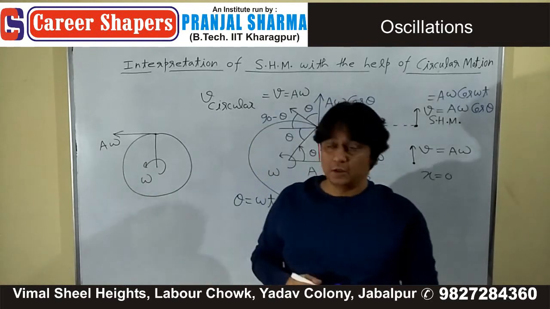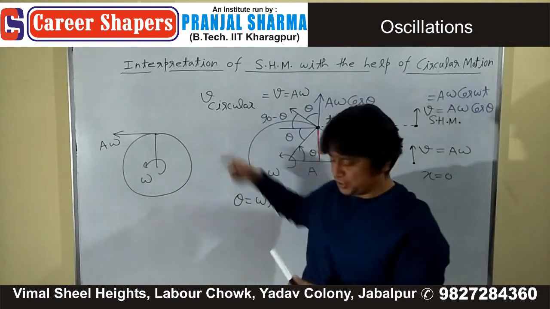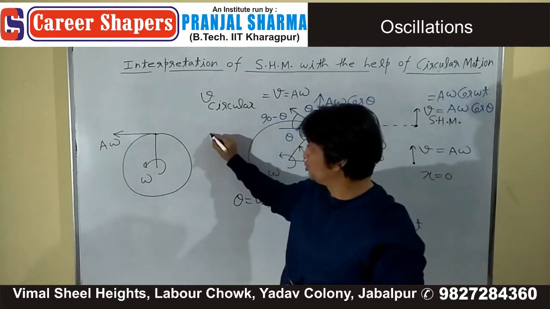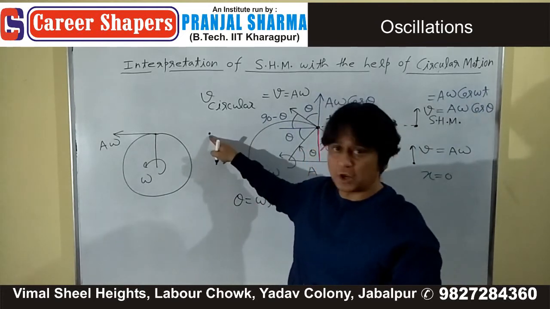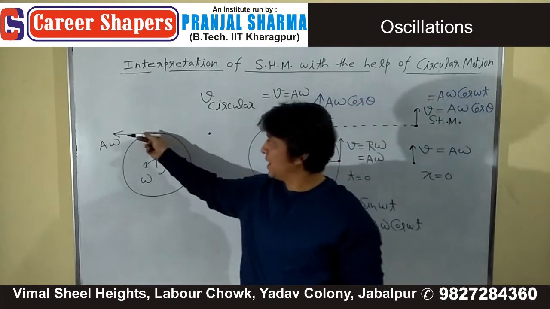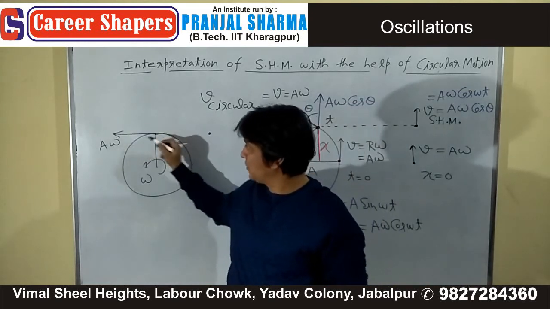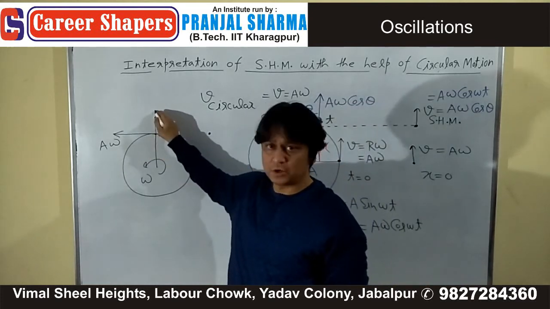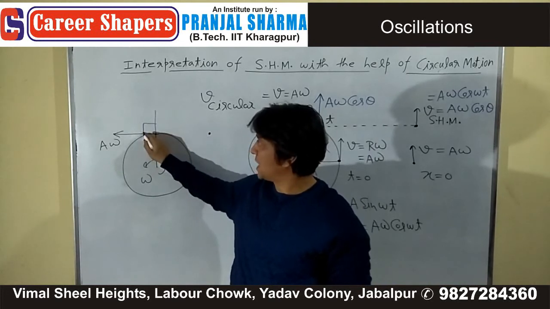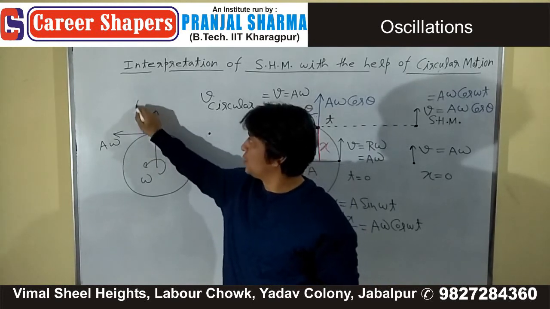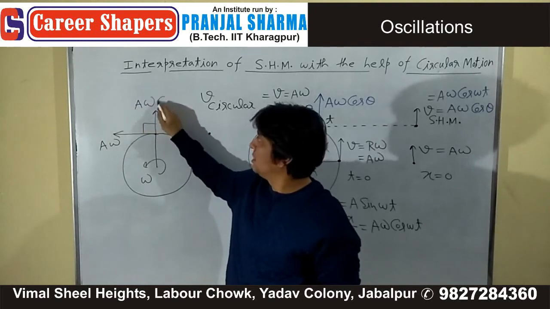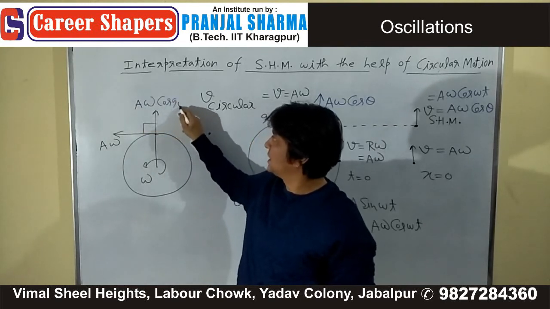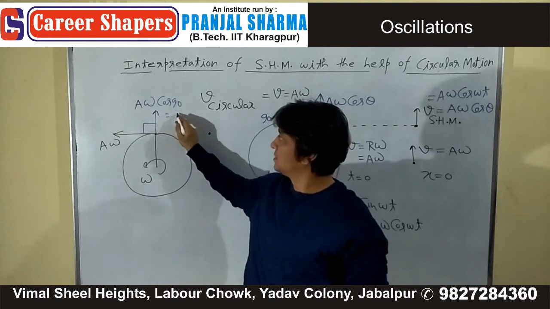Corresponding to this position for the simple harmonic motion, if I ask you what is the velocity, you will go and find the component of A omega in this direction. What is this angle? 90. So what is this component? You will say A omega cos 90. What is that? 0.